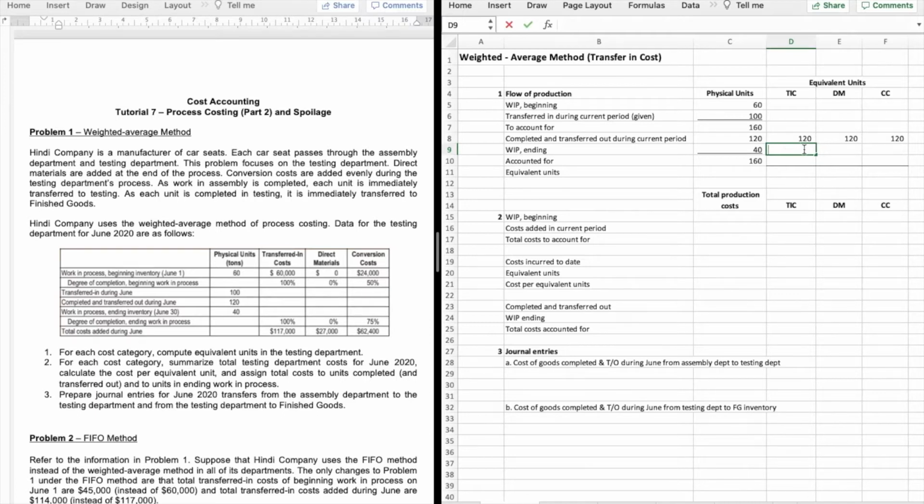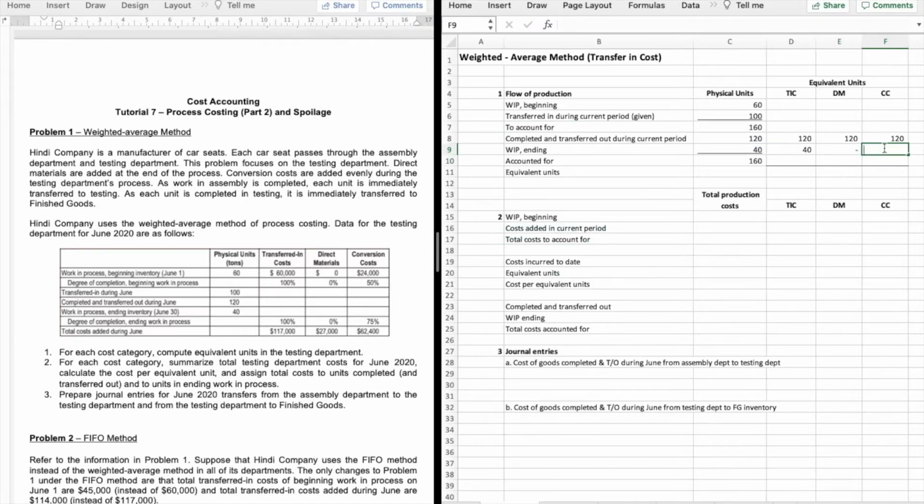But for the ending work in process, we will have to take a look at the information table here. The transferred in costs say that the degree of completion for ending work in process is 100%. Therefore, we will compute 100% times 40. The direct materials here is 0%, so 0% times 40.